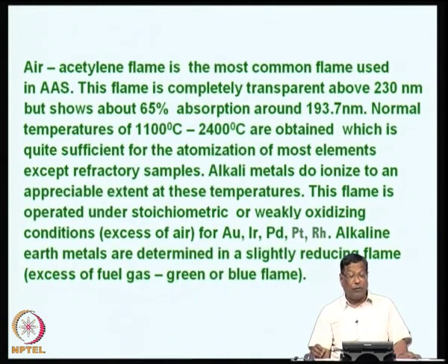So, that is also not very good, but we can sort out those problems provided we operate under stoichiometric conditions. This is very important for us. So, we have to understand at what temperature optimum burning takes place, or we can go for weakly oxidizing conditions.